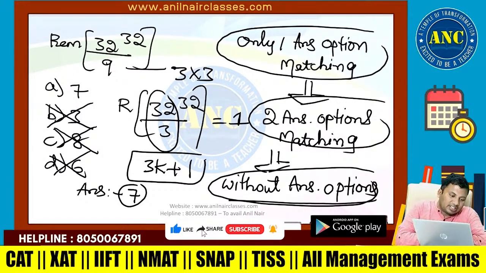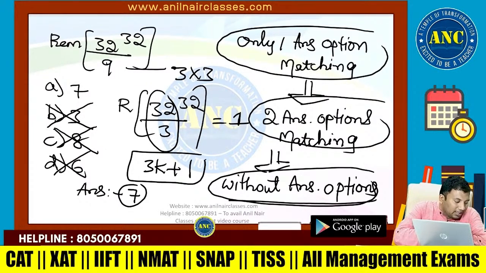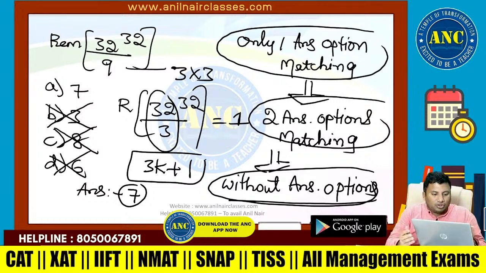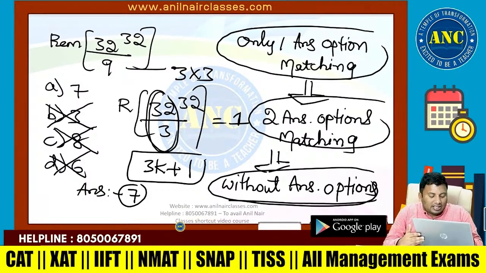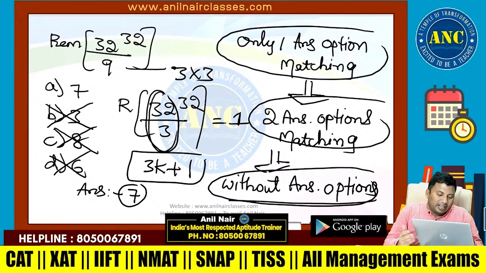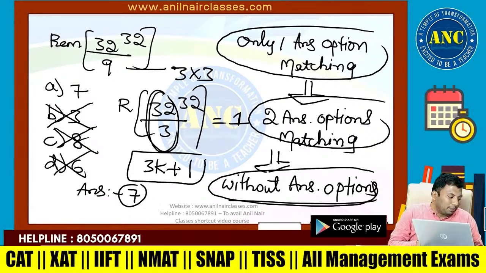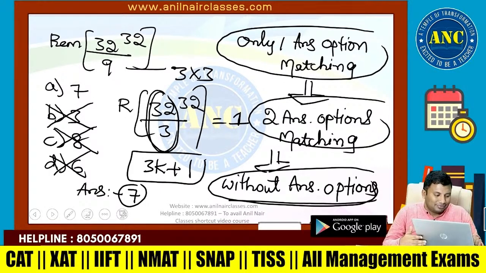Yes, digital sum can also be used. Hold on, sir, till I complete the concept. 32 power 32 will give a remainder 1. Why will it be 3k plus 2, Harshit? You tell me why it will be 3k plus 2.